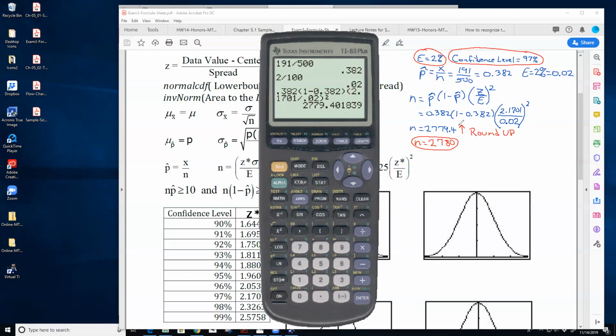So just think, wow, before we just had a sample size of 500. How does this look compared to a sample size of 500? It's a lot bigger. But look what happens if you get a sample size this big. If you were to go out, get a sample size of 2,780, gather the data, and count how many are in your category of interest, that would be your X. Use that, once again, in 1-PropZInt, and construct yourself a 97% confidence interval.